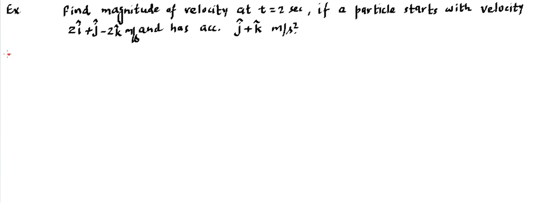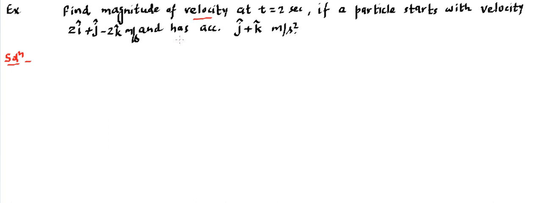So here you see that the particle is not moving in one dimension, because the initial velocity is in some direction, then the acceleration is in some other direction, so it's going to be multi-dimensional motion. But still we can find the velocity.